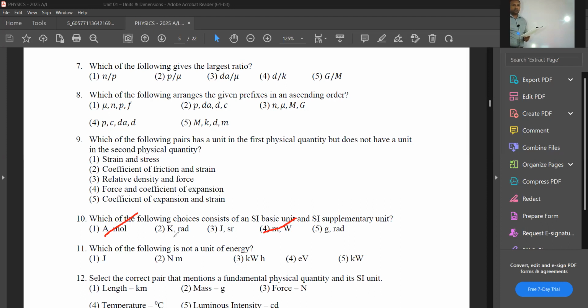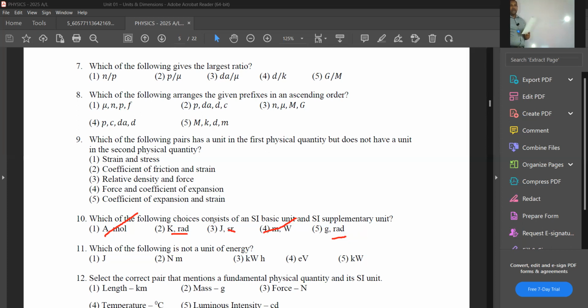But the other 3 answers: answer number 2, answer number 3, and answer number 5. In answer number 3, it is mentioned radian. In answer number 3, it is mentioned steradian. In answer number 5, it is mentioned radian again.